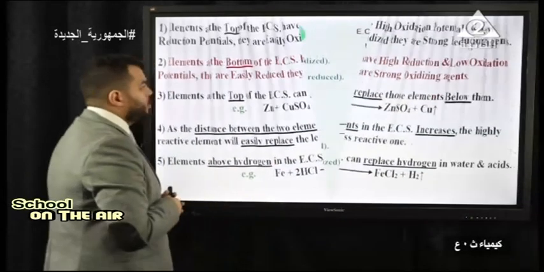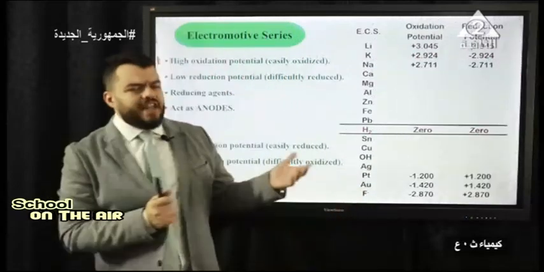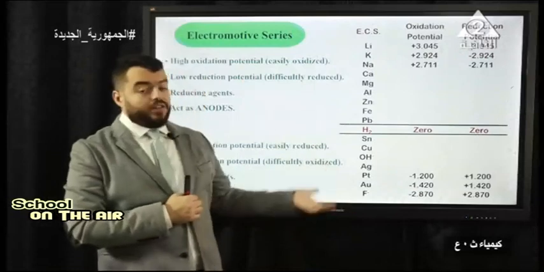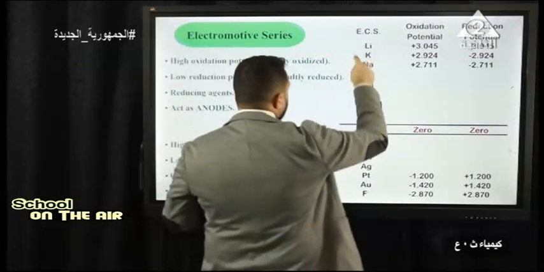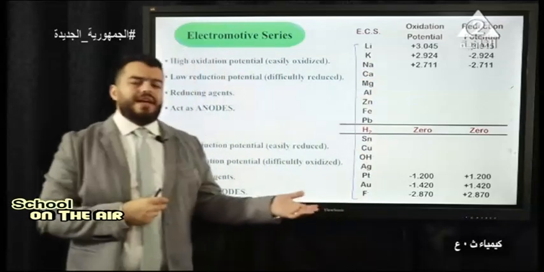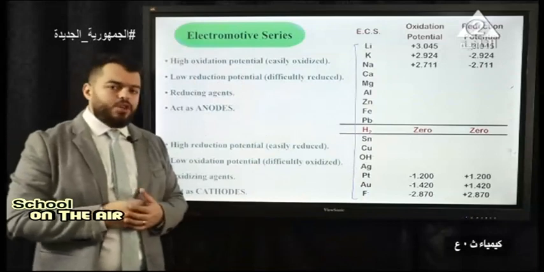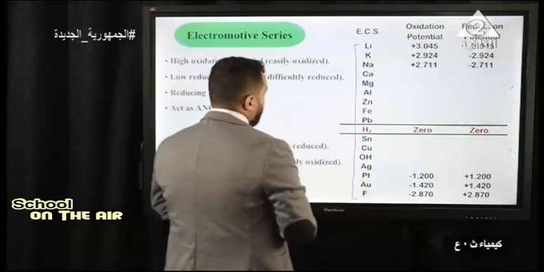Okay, the electromotive series, you are not able to memorize all of it, but you can memorize some of it. And also you have to know that your exam is an open book exam, so you will not have to memorize all of it.